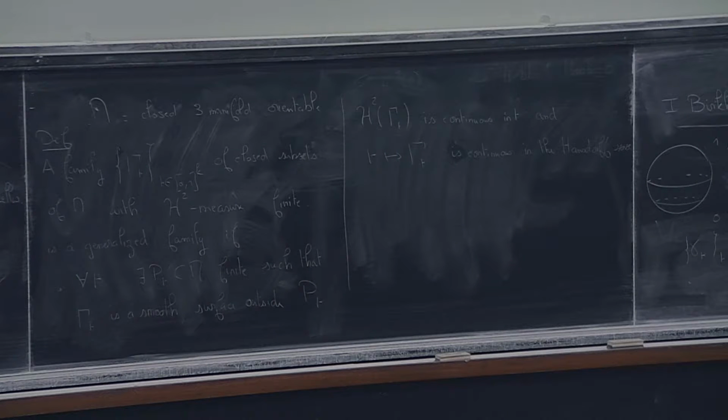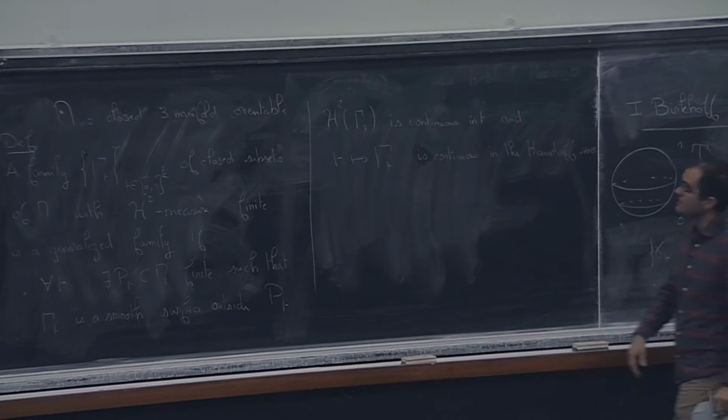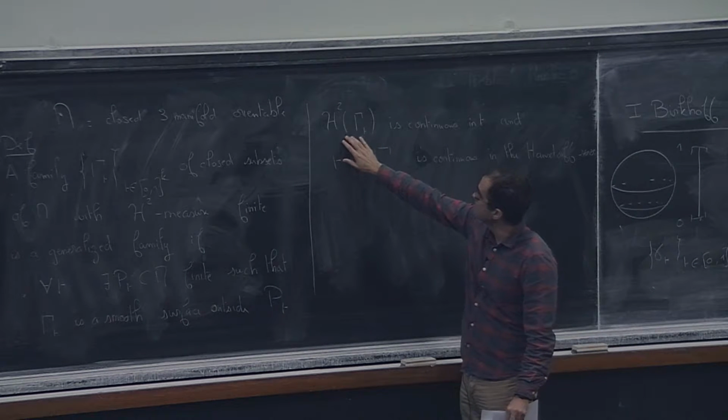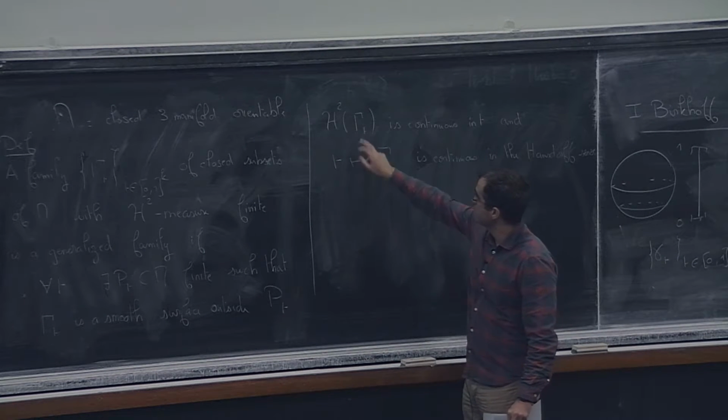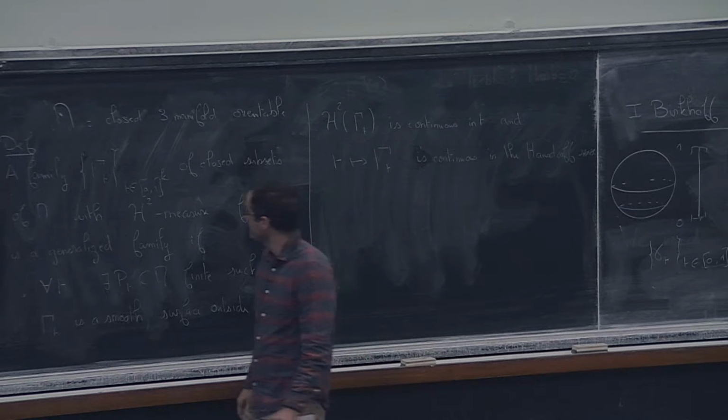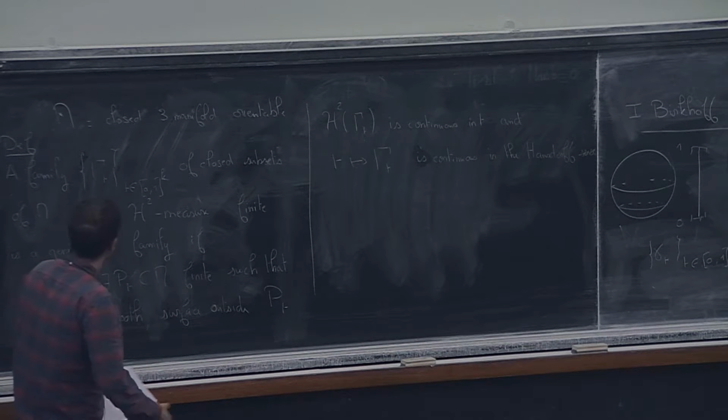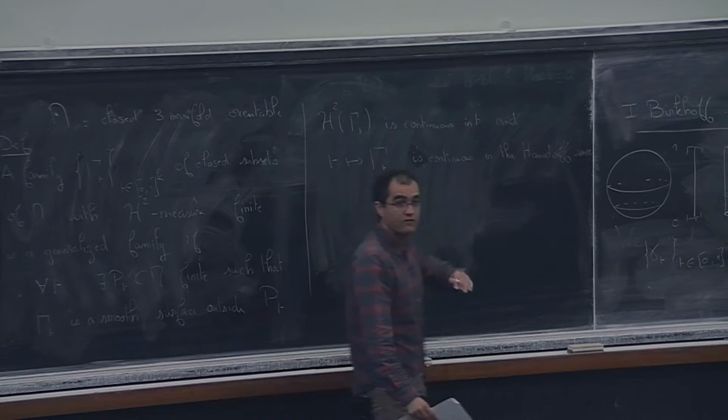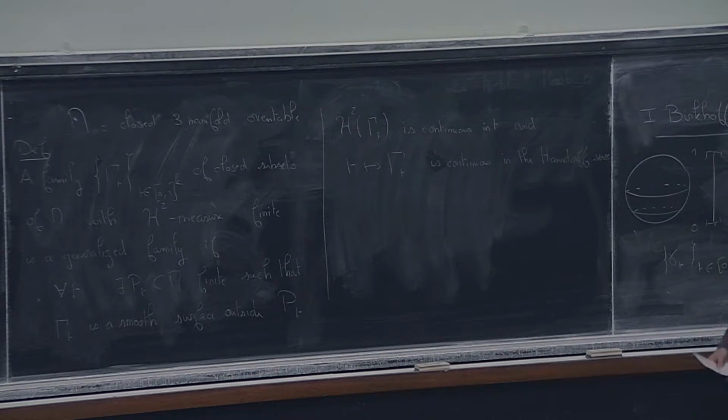Okay, so as a family of closed subsets, it's continuous in the Hausdorff sense, and moreover, you want to be sure that the Hausdorff measure of gamma sub t is continuous in t. So since we are on a compact subset, we have an upper bound for the whole family.